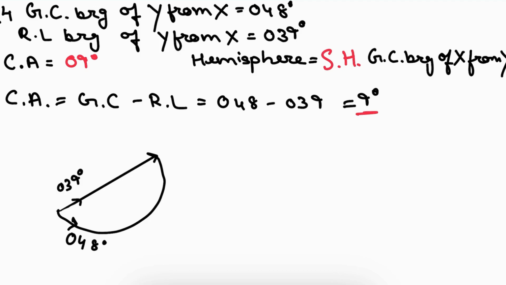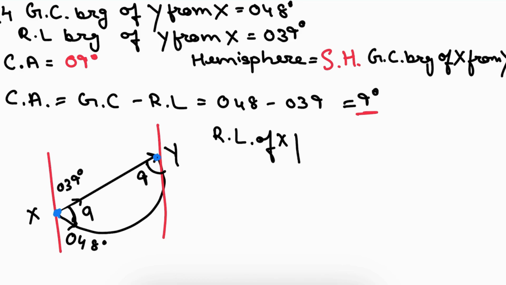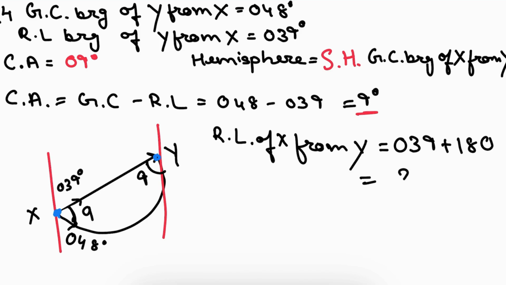Now we know, if we draw two longitudes here and two latitudes, that the conversion angle is 9 degrees. So here also the conversion angle is 9 degrees. And this is x and this is y. So the rhumb line of x from y is 039 plus 180, so it is going to be 219.